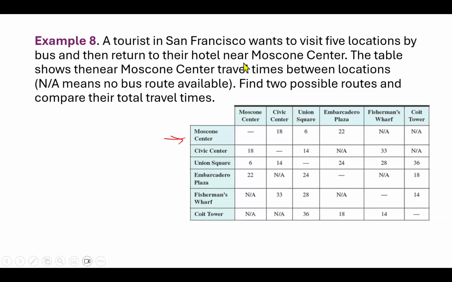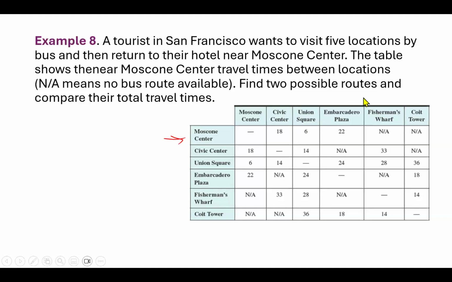A tourist in San Francisco wants to visit 5 locations by bus and then return to their hotel near Moscone Center. The table shows the travel times between locations near Moscone Center. And NA means that no bus route is available, not a direct bus route.